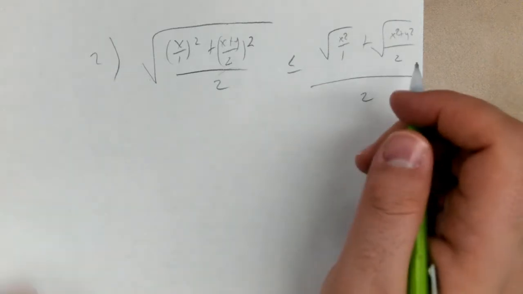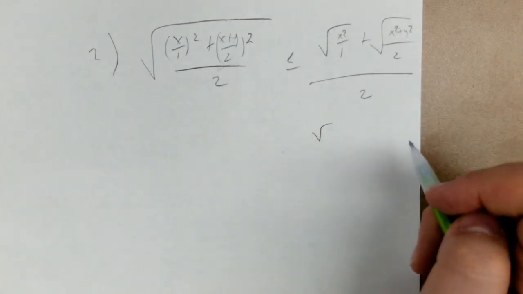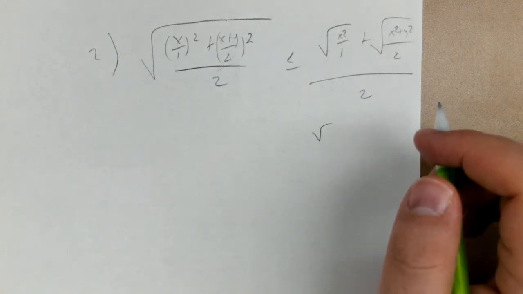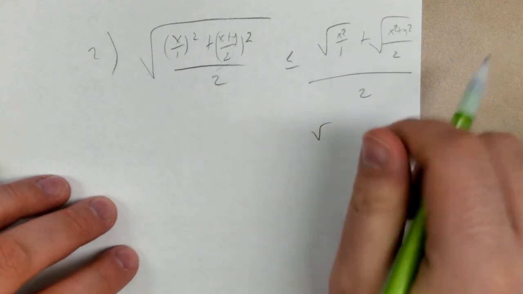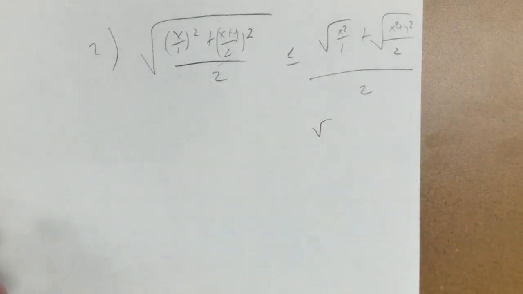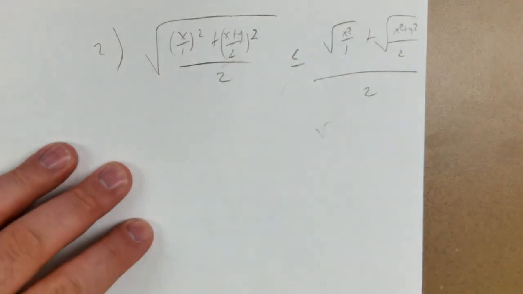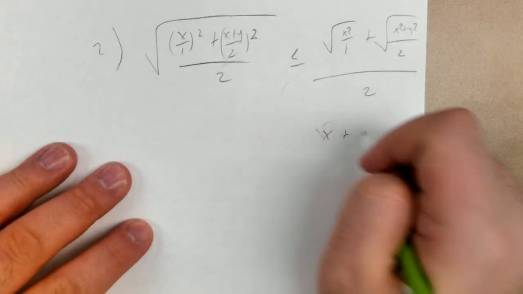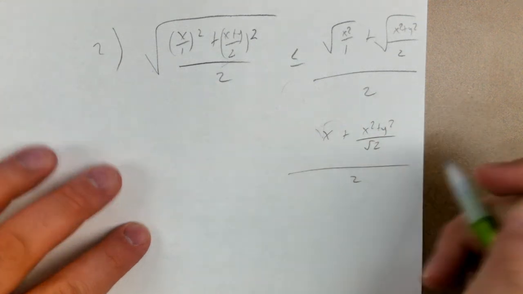Let's back up a step and make sure that we understand what we're looking at before I get too crazy. This whole thing up top, the x squared over 1, that's really just x. I think we can agree with that. So let's simplify that a little bit. That's x, and then over here is the square root of (x squared plus y squared over root 2) all over 2.